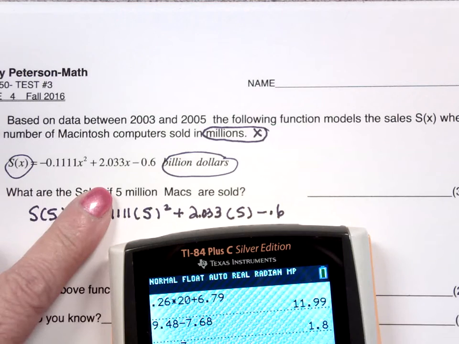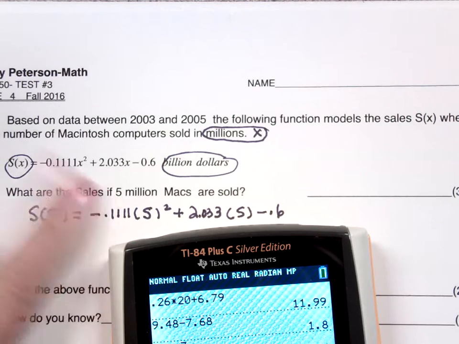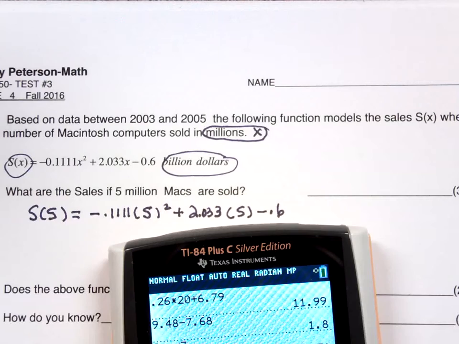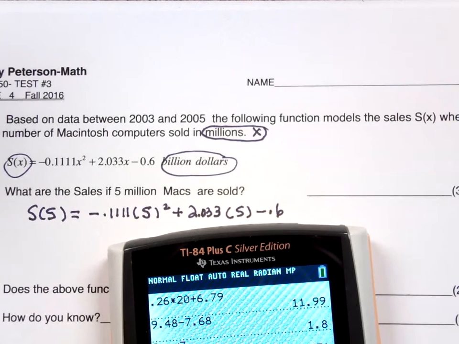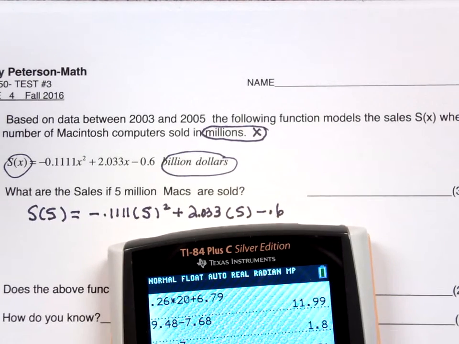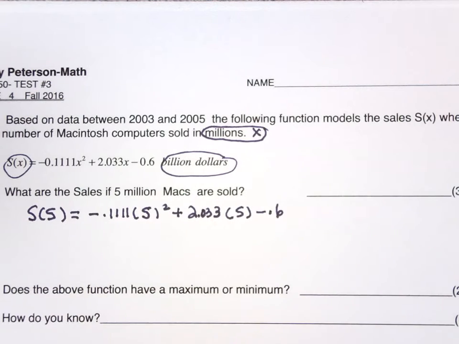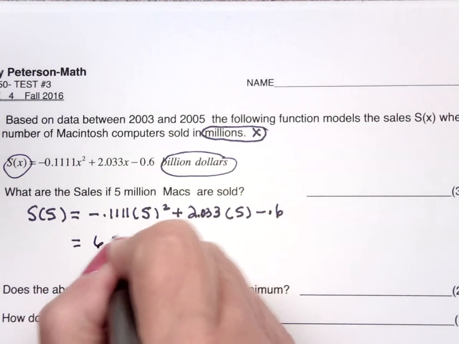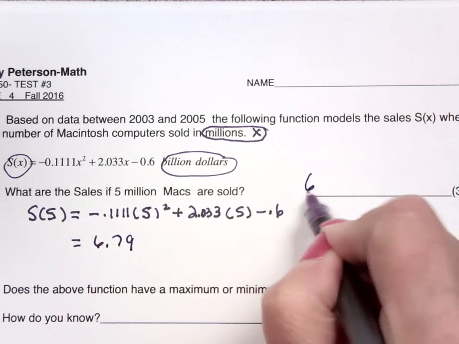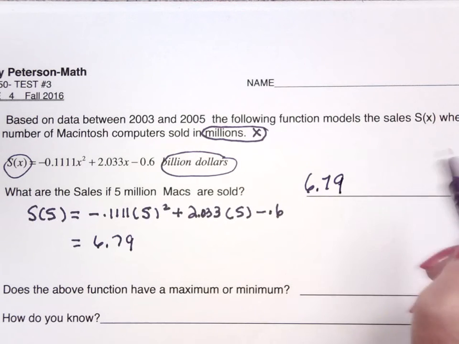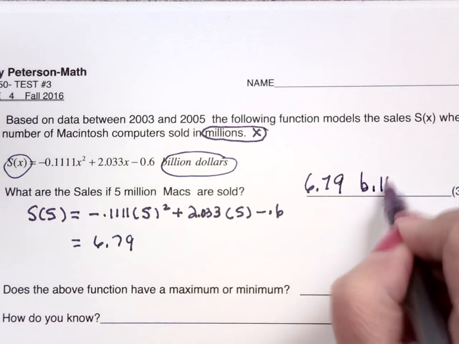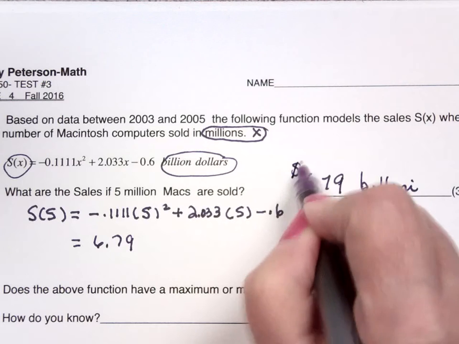I cross-check this again, knowing I make mistakes, and press enter, and we get 6.79. So it's 6.79 what? Billion dollars. Don't forget your units.